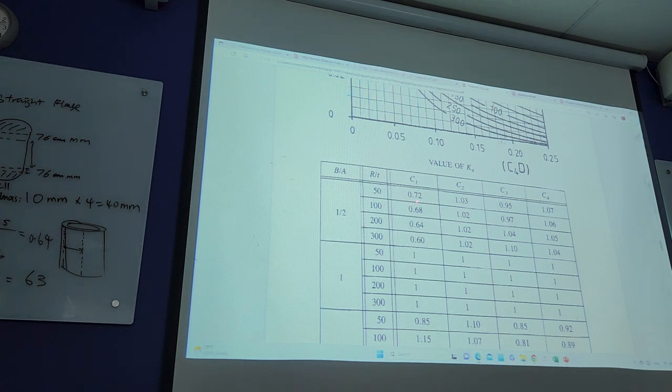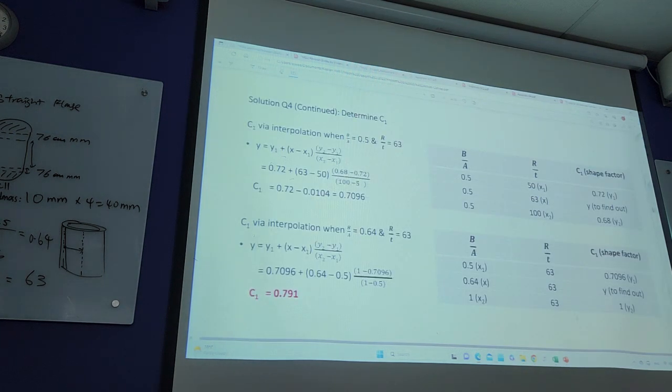So how to do interpolation? Alright, so this is how we do it. So you have 0.7096. Okay, 0.7096.